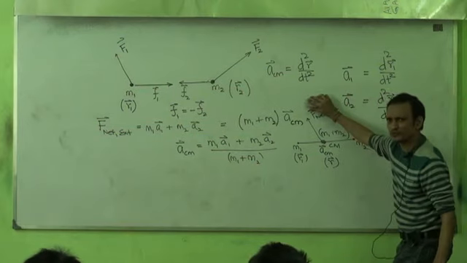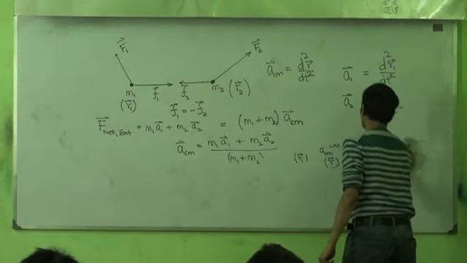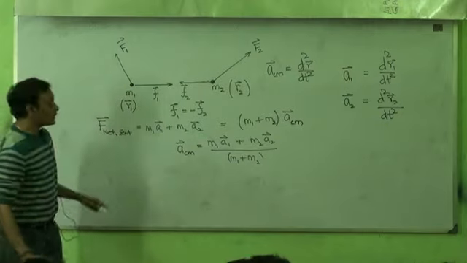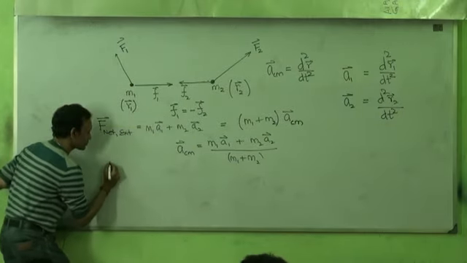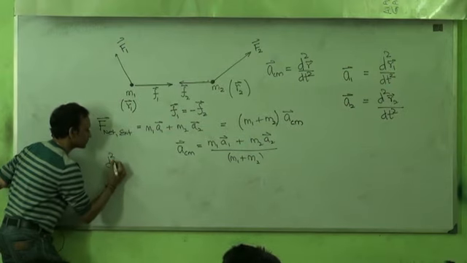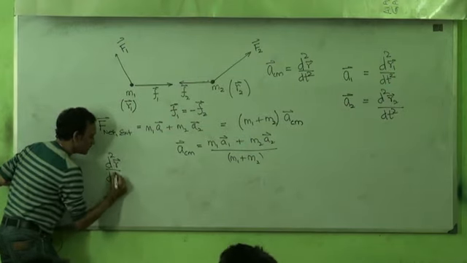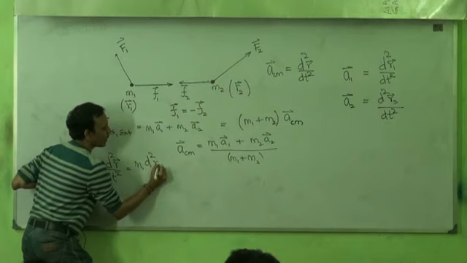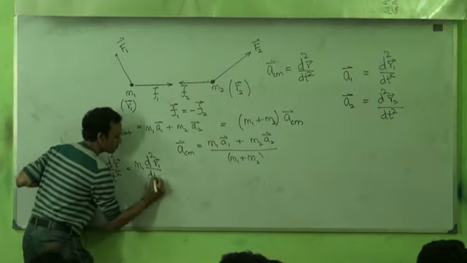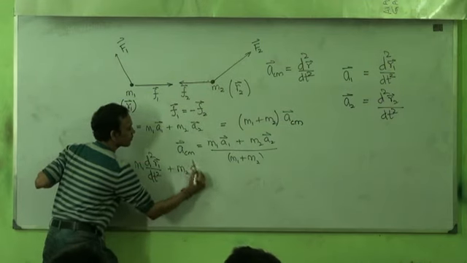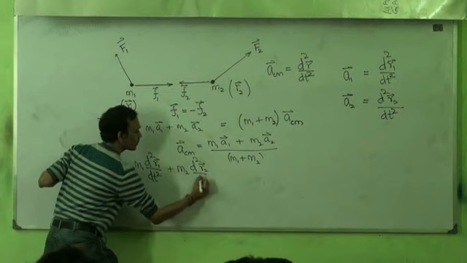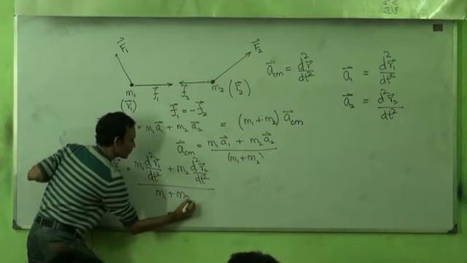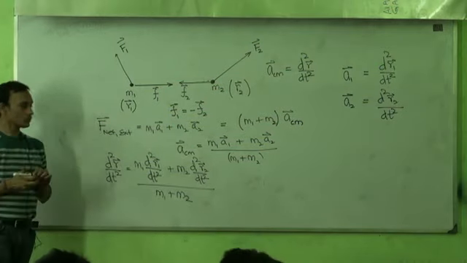Can I just remove the clutter from here? Now what I do is, this ACM I write as d²R/dt², that's m1 d²r1/dt² plus m2 d²r2/dt², yes or no?